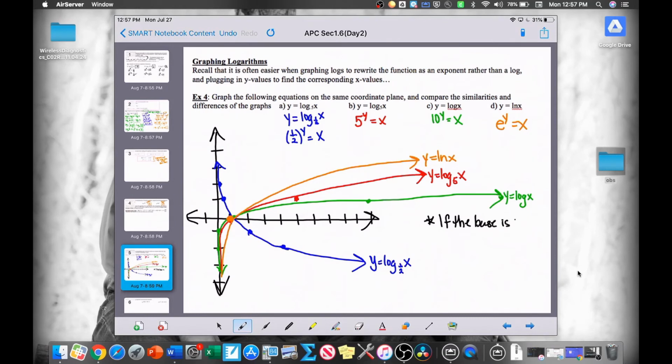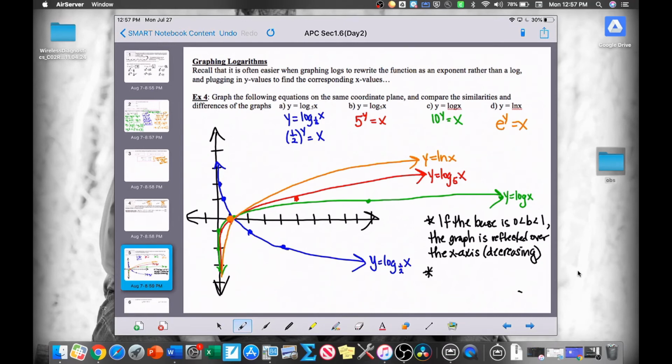If the base is 0 less than b less than 1, so b is some number between 0 and 1, we'll say the graph is reflected over the x-axis, or we could think of it as decreasing from left to right.